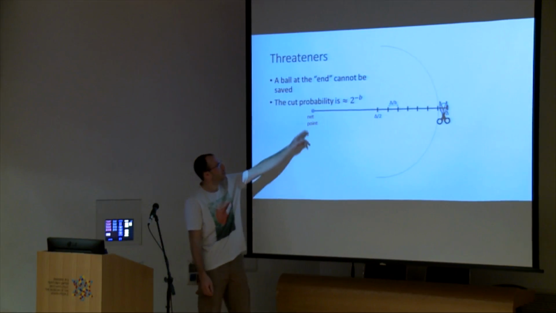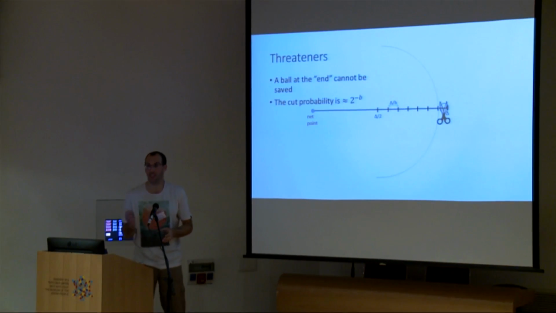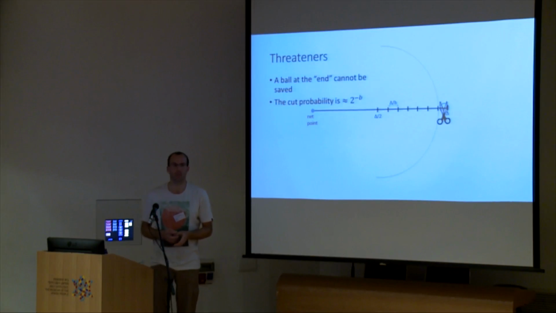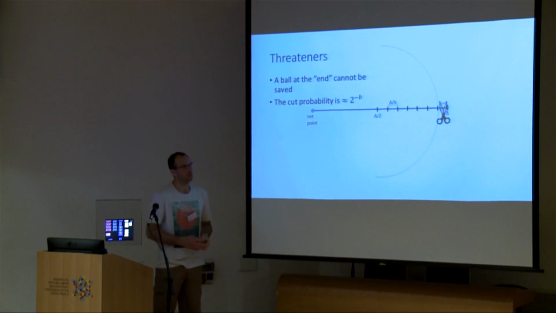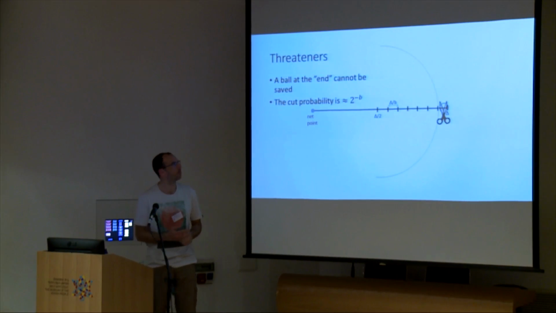So the cluster formed by this net point can never save the ball. It can only cut it with some small probability, but it cannot save it. So we say that this net point is actually a threatener to this ball that we want to save, but we cannot save. We can only cut it.